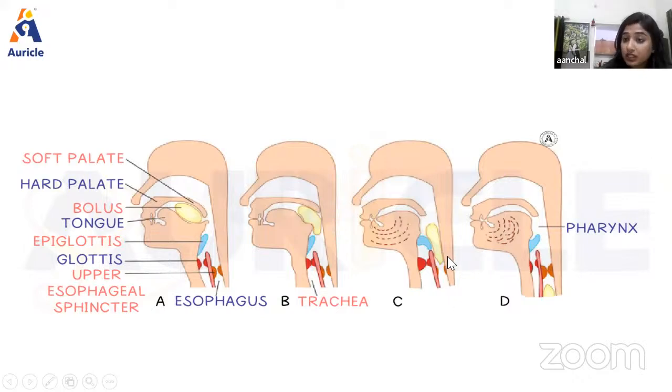Now we're going to discuss the structures present in the nasopharynx, the mouth, and the air passage, which prevent the movement of food into these pathways, because obviously the food needs to be swallowed from the pharynx into the esophagus. So one by one we're going to discuss those things. Okay, so first we have the mouth.